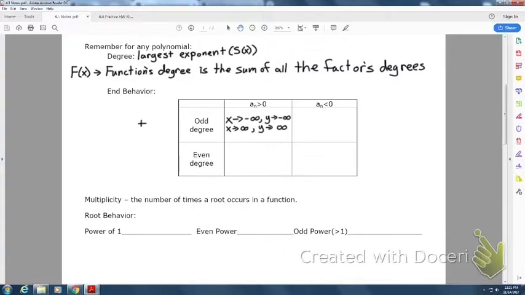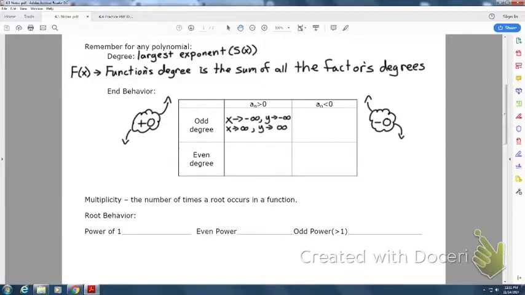So if I have a positive odd, then it is a down, up. And that's all I've been putting. That O stands for odd. If I have a negative odd, then it is up, down.